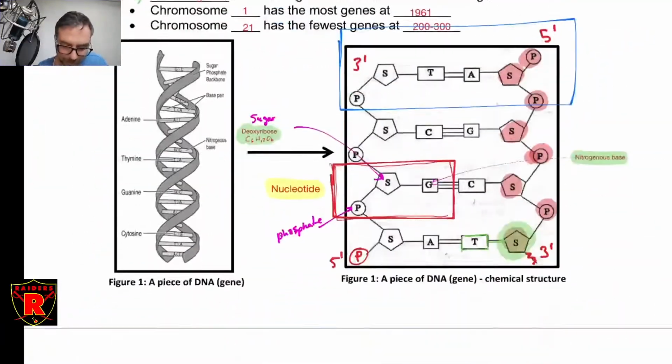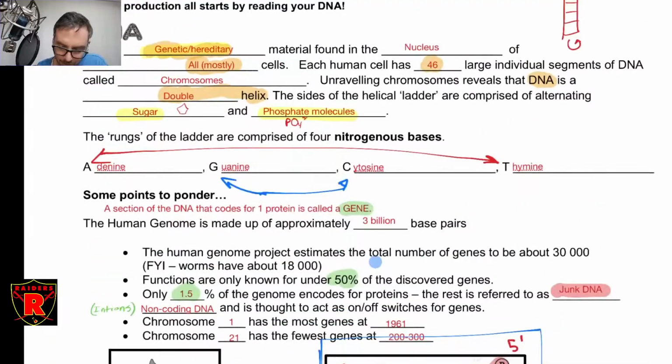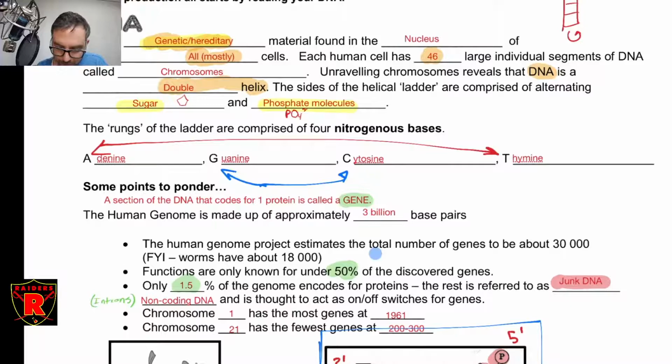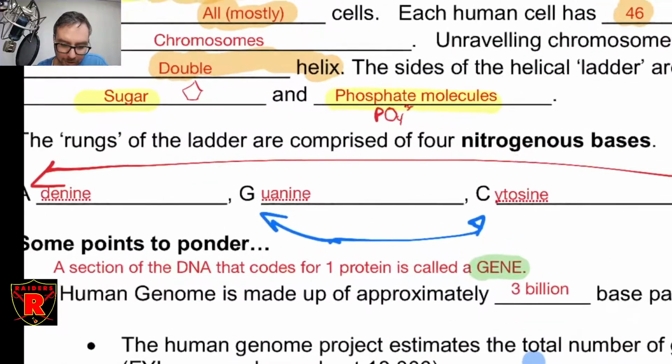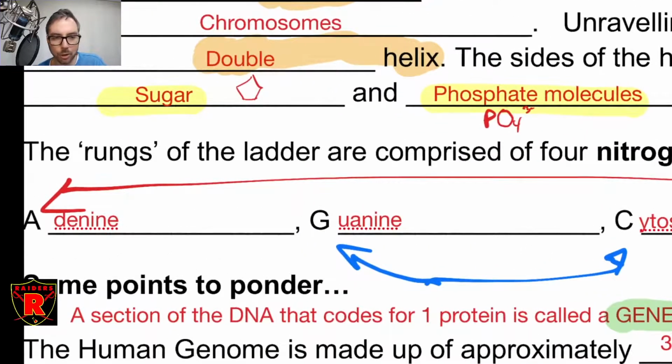Okay, so anyway, you got this structure here, also known as a helical ladder, and it's comprised of alternating sugar and phosphate molecules. I know you know what a sugar is. You eat sugar. But maybe on a molecular level, you're not aware that it has this pentagon shape, where there would be carbons at every corner of the pentagon.